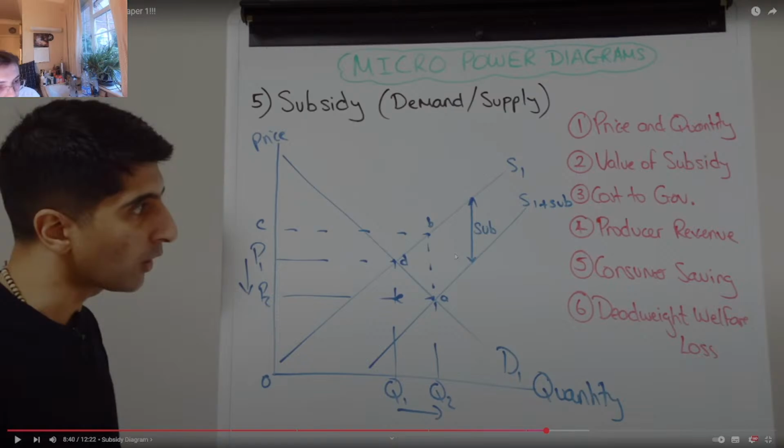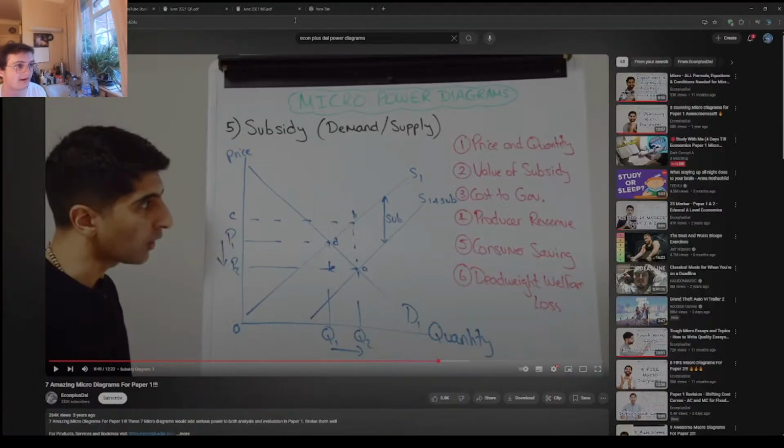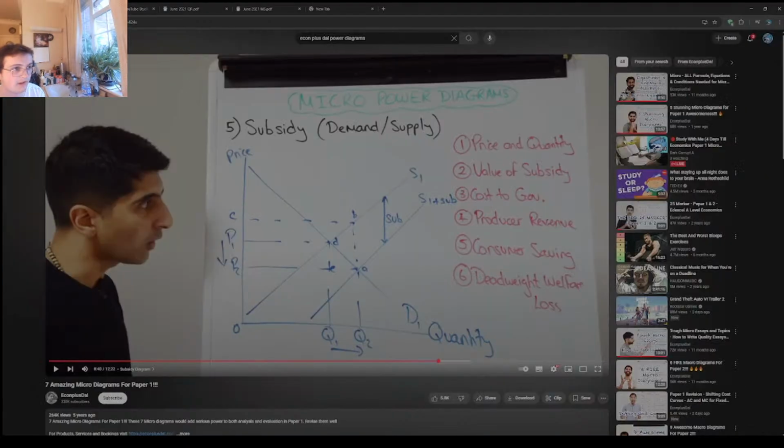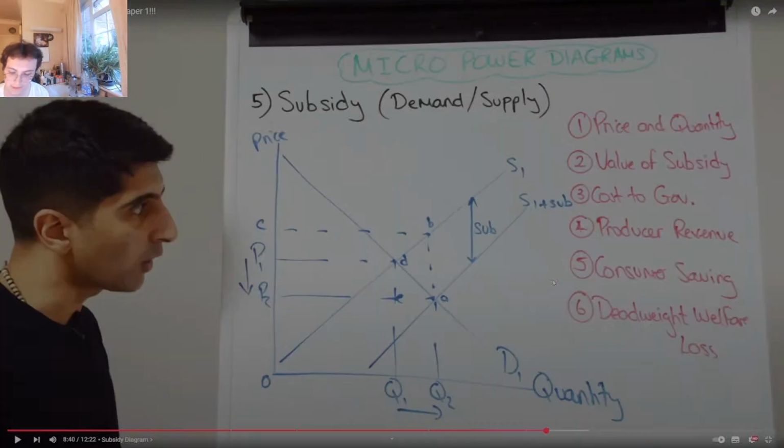That might actually be done for next stream. I'd say I'm actually quite impressed. There's been good work ethic then. Fair enough, guys. I remember a while back you guys said it was quite unlikely you were going to be able to finish in time.